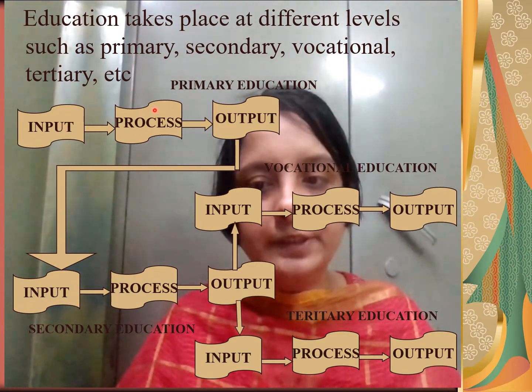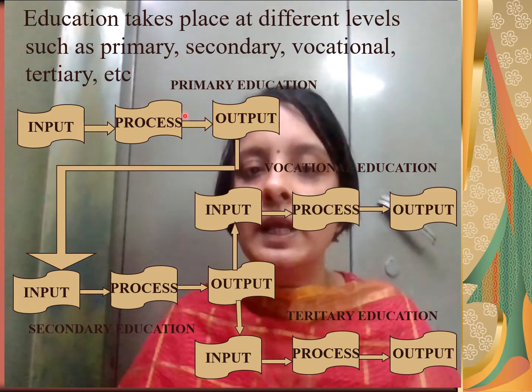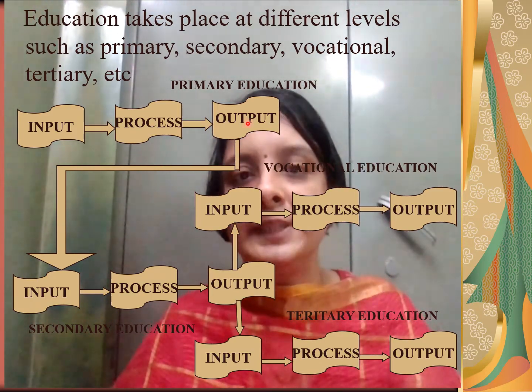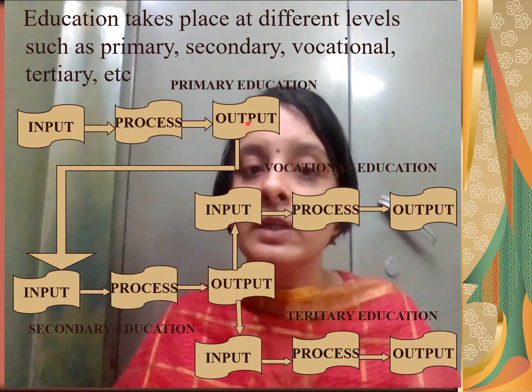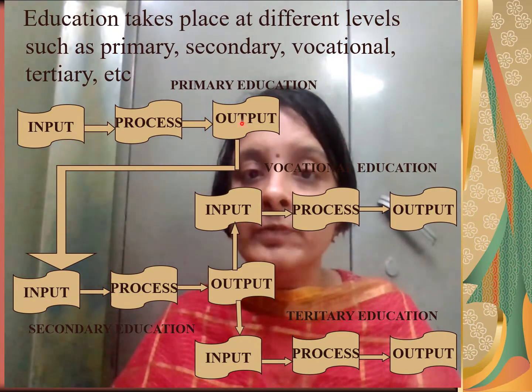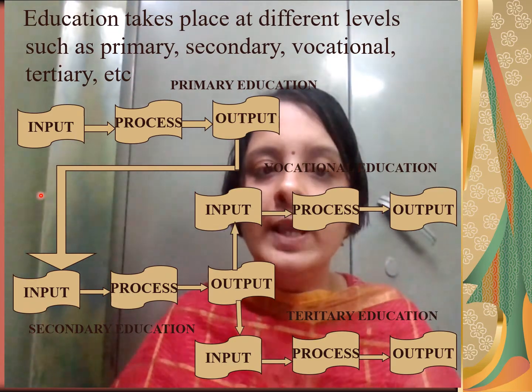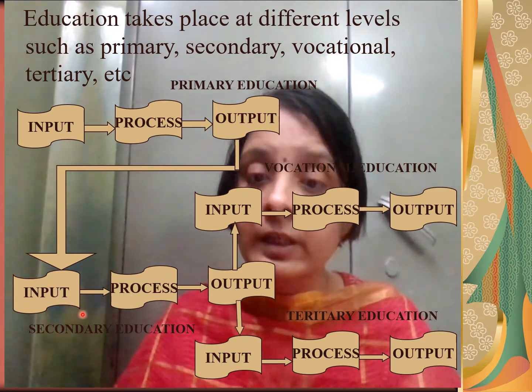It has been processed in the primary section, and then the output, that means the child has cleared the primary section and he has gone to the secondary level. Now primary's output will be secondary's input.